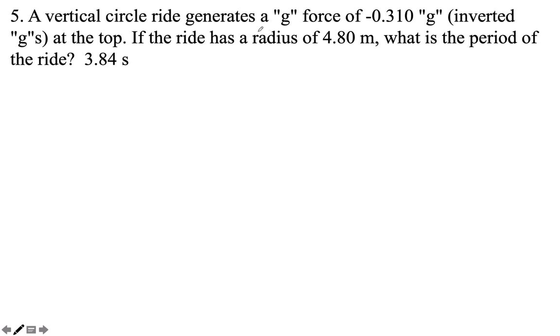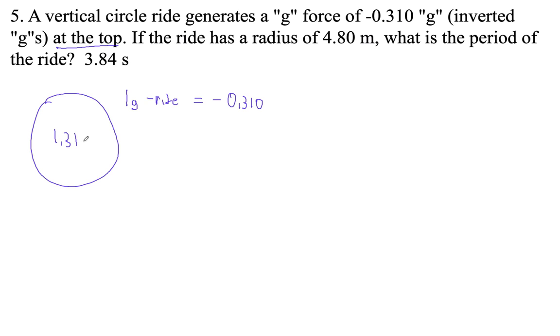Okay, so at the top, 1g minus the ride is negative 0.310. Okay, so the ride has to be 1.31 Gs, right? Because 1 minus 1.31 would be negative 0.31, right?